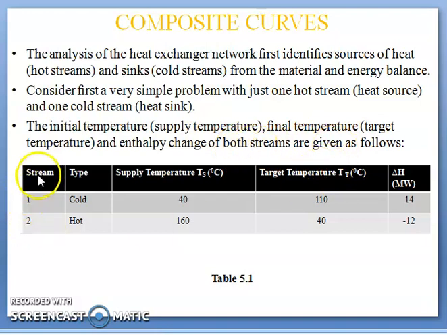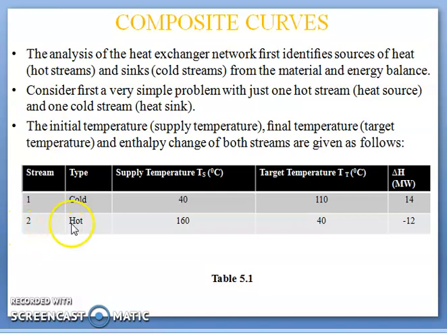So if we consider here, stream 1 is a cold type stream, whose supply temperature is 40 degrees Celsius and target temperature, that is outlet temperature, is 110 degrees Celsius. To bring this change from a supply temperature of 40 to 110, we require 14 megawatt of heat.